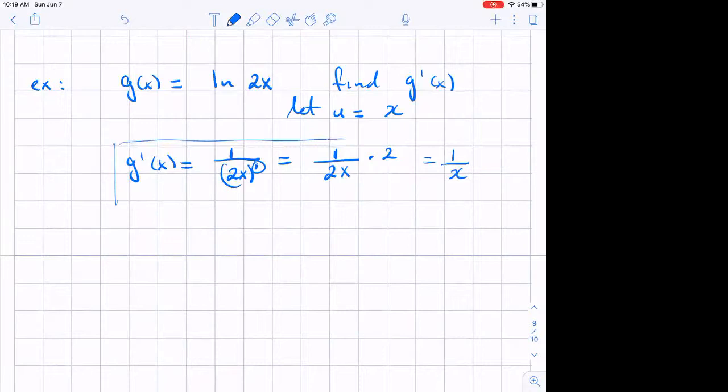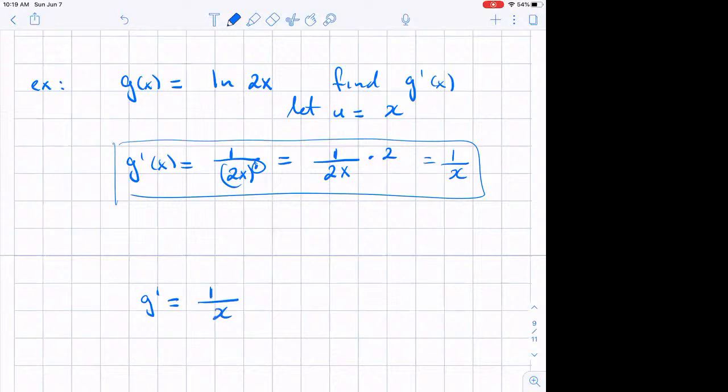So if you want to redo it, we can say that g prime is equal to 1 over u times the derivative of u, or we can just say u prime.